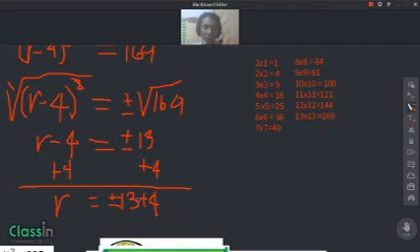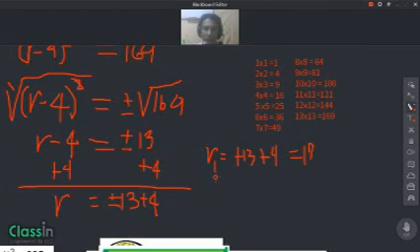We have two values of r. We will solve the first, r sub 1 equals positive 13 plus 4, and that equals 17.